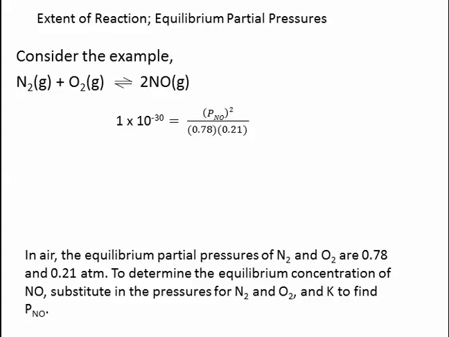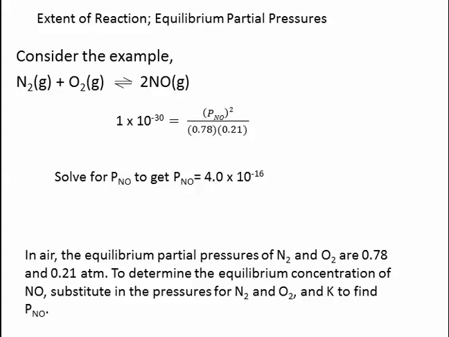This is the K. These pressures were given to us, so we're going to solve for the pressure of nitrogen monoxide. So we solve for that, and we get a pressure of 4 times 10 to the negative 16 atmospheres. I should have put atmospheres units on there for that.